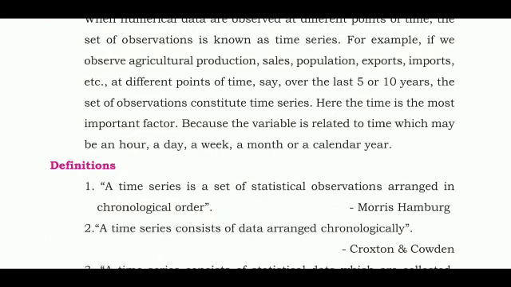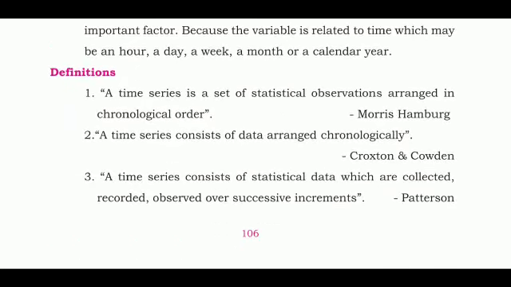Now let us see the different definitions of a time series given by different people. The first one: a time series is a set of statistical observations arranged in chronological order. This is given by Morris Hamburg. The second definition is by Croxton and Cowden. He says that a time series consists of data arranged chronologically.